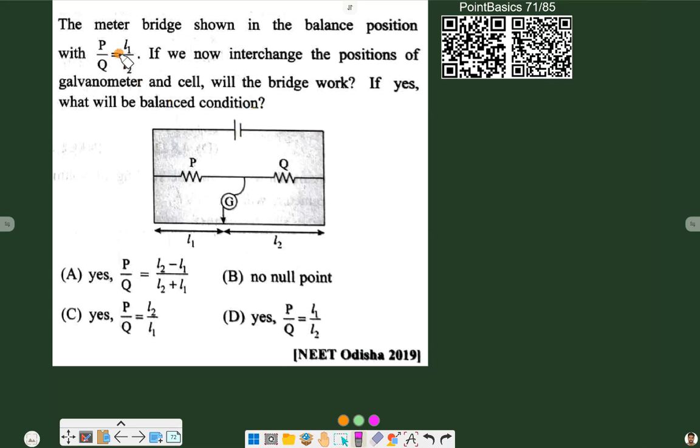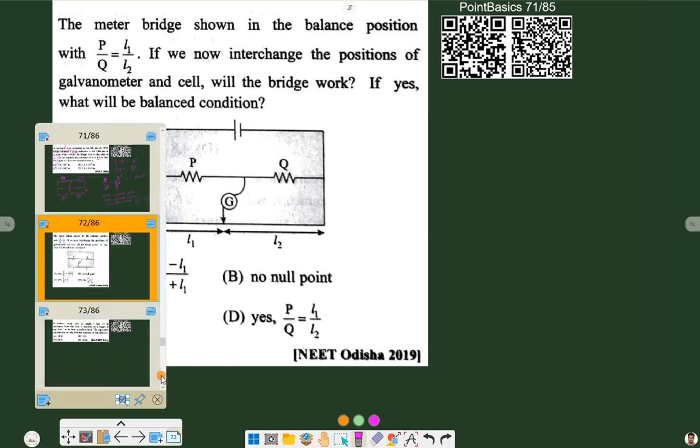So it will be again P by Q is equal to L1 by L2. We have solved a similar type of question in one of our previous videos related to this chapter, in which it was asked that if we interchange the galvanometer and our potential source, will our meter bridge stay balanced or not. So yes, it will stay balanced, and we have shown in that question how it will stay balanced.